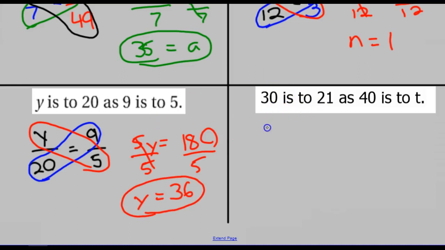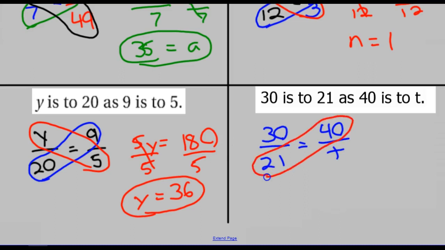Thirty is to 21, so 30 over 21 equals 40 over t. So it'll be 21 times 40, and 30 times t.